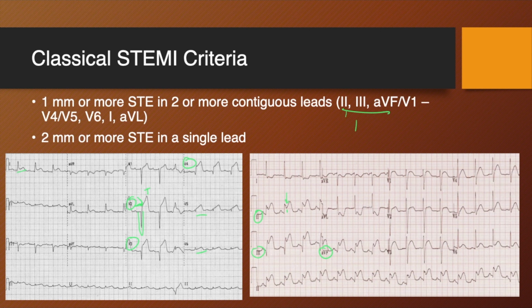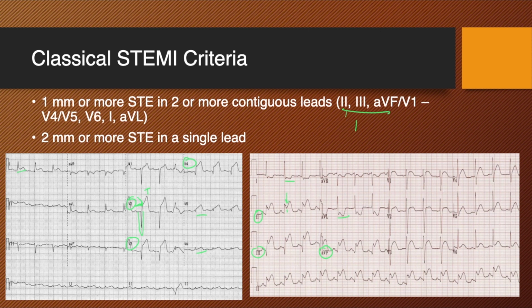And you do have some reciprocal depression in 1 and AVL. We'll talk about reciprocal changes a little later on in this presentation and what they can potentially mean. So this is a very classic STEMI presentation for an inferior wall.